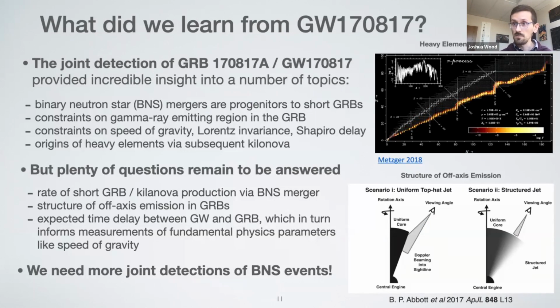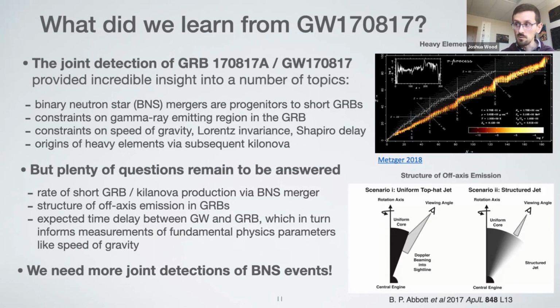But from this one event, there are still plenty of questions that remain to be answered, such as the rate of these types of short GRB kilonova events via binary neutron star mergers. This one event in particular was notably dim for a gamma ray burst at the distance that it was observed.